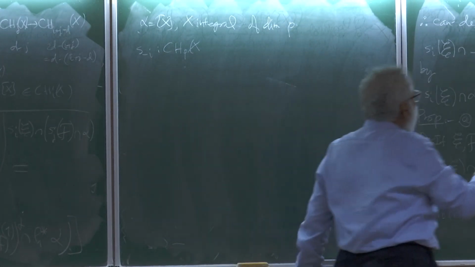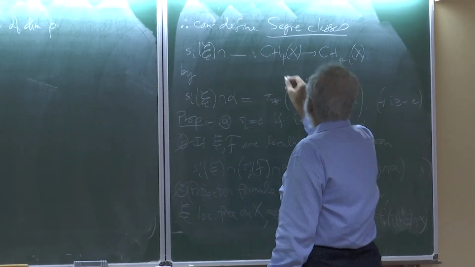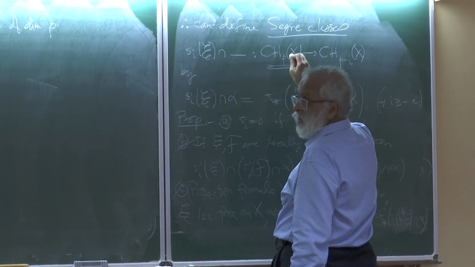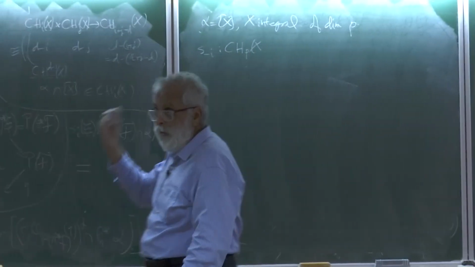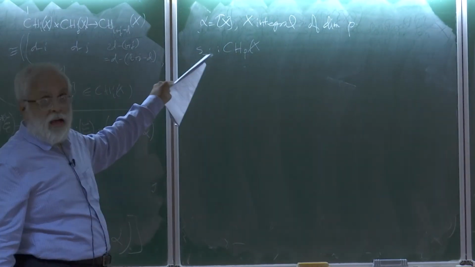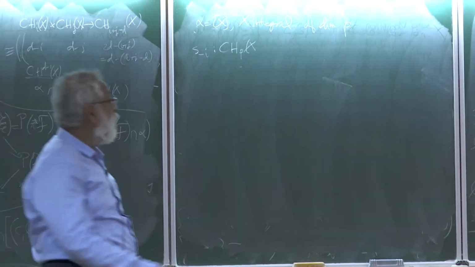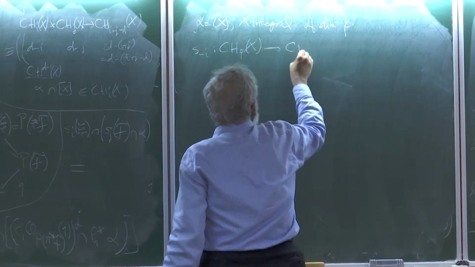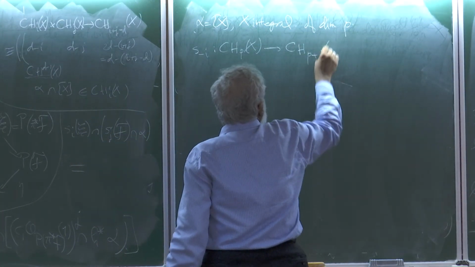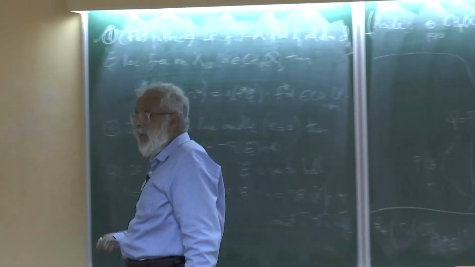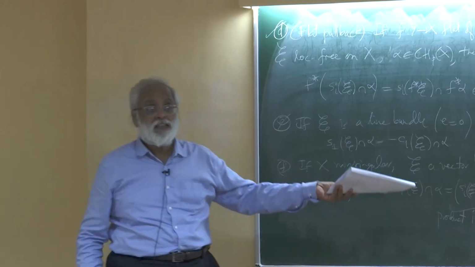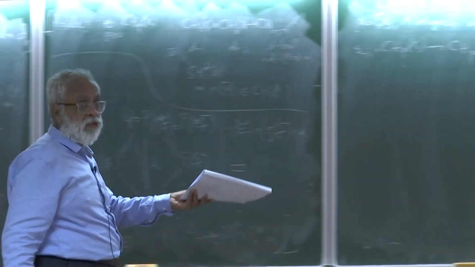If alpha is in Chow_p X, I'm thinking of S_i as an operation from Chow_p X. So a generator here is an irreducible variety of dimension p. Now if I took S with a negative index, that has to increase the dimension, but X itself has dimension p. So this is just 0.